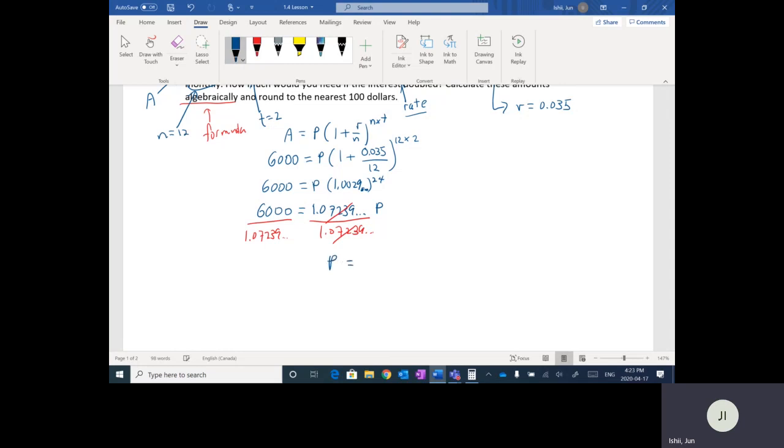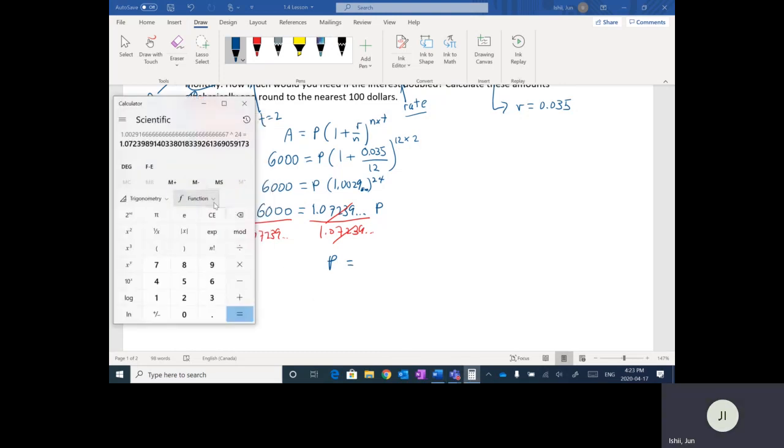So P is going to equal 6,000 divided by this number here. Does this have a memory?